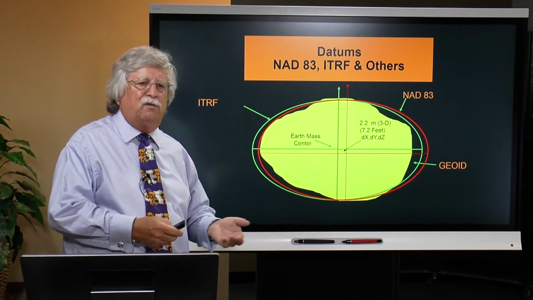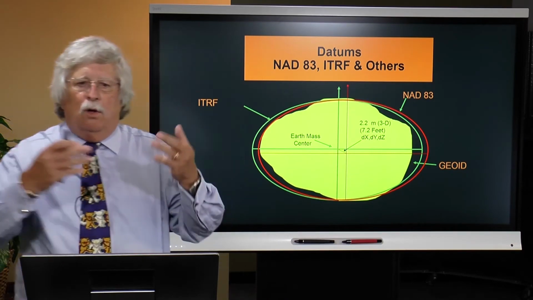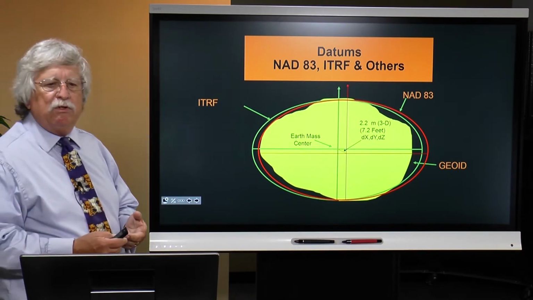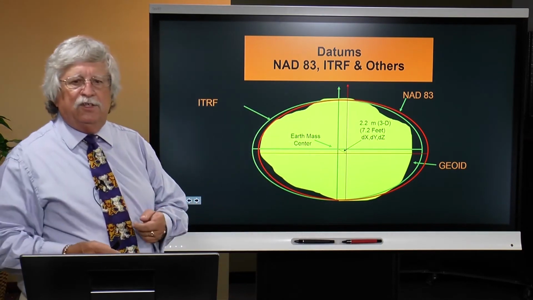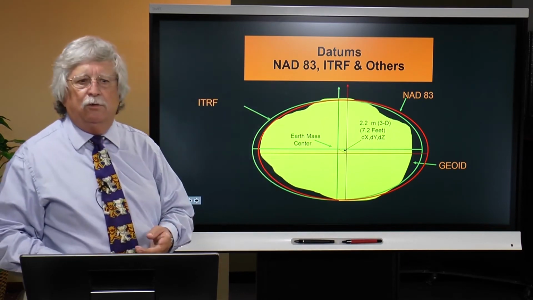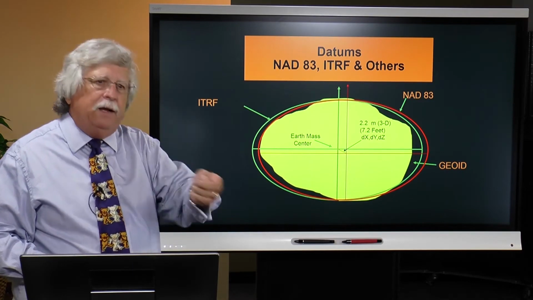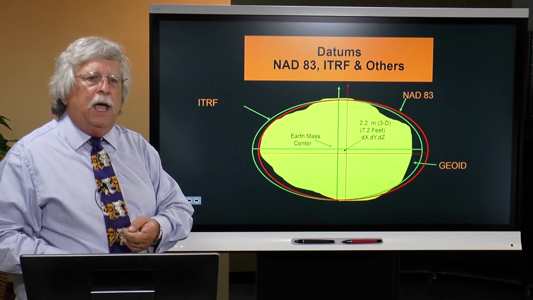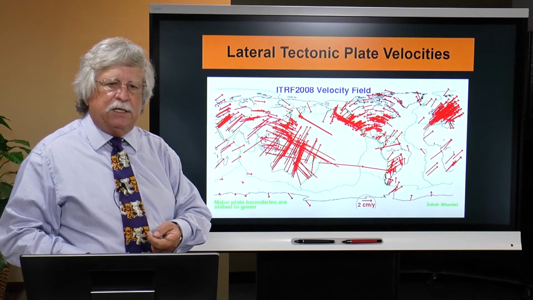The multitudes of datums, whether they're national datums for the United States or global datums that might be available. The relationship between mathematical surfaces, such as the ellipse, and the gravity field, such as the geoid. These are new concepts to many users and are vital to understanding and being able to effectively use GNSS technology.